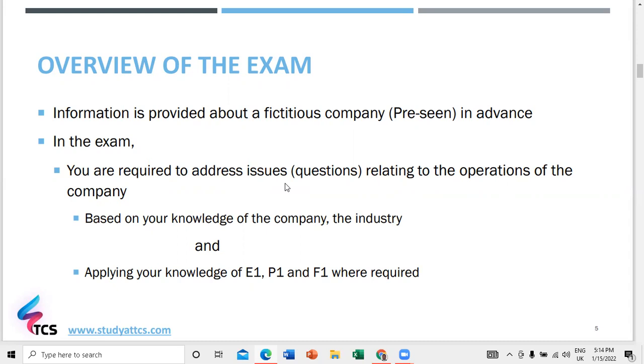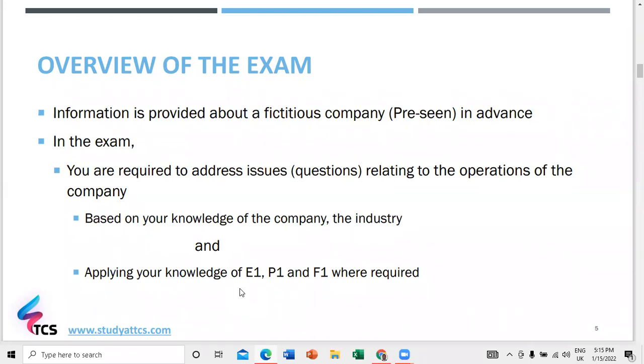Okay. And in the exam, when the examiner comes up with questions, he or she will be testing your knowledge about the company as well as the industry. So from where can you gain an understanding about the company and its industry? By going through the pre-seen document provided by the examiner. And on top of that, you are supposed to apply knowledge pertaining to E1, P1, and F1 related areas.